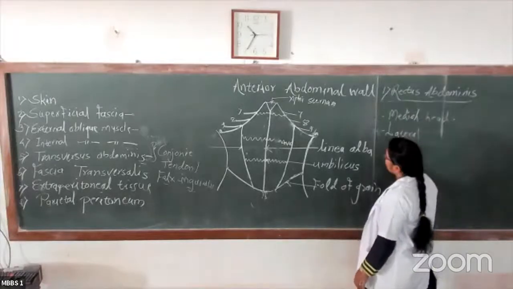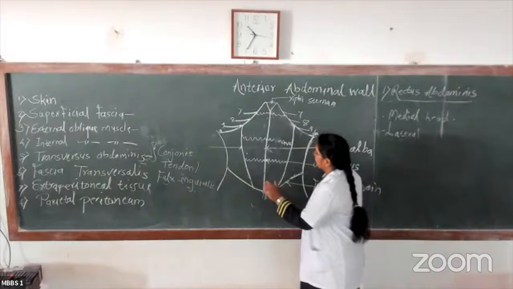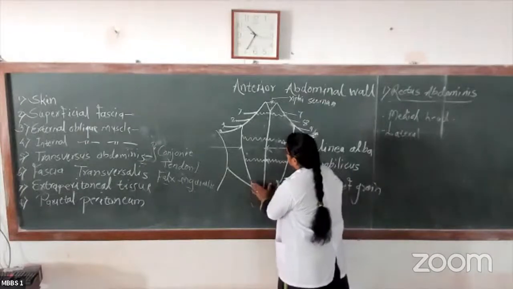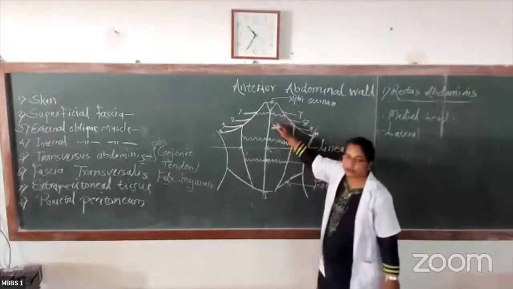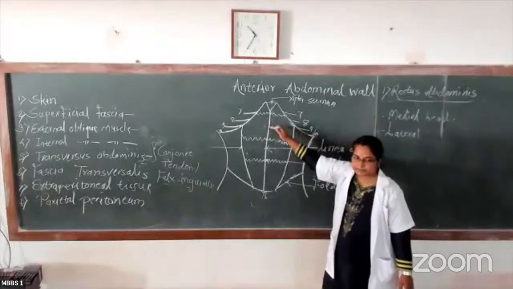This rectus abdominis is narrow below, and as it ascends upwards it widens.